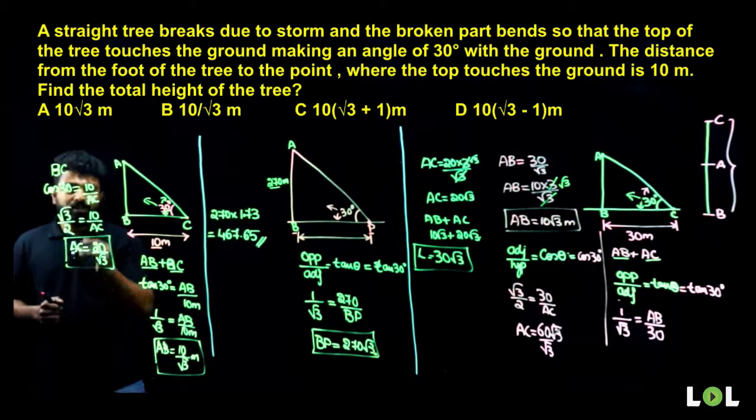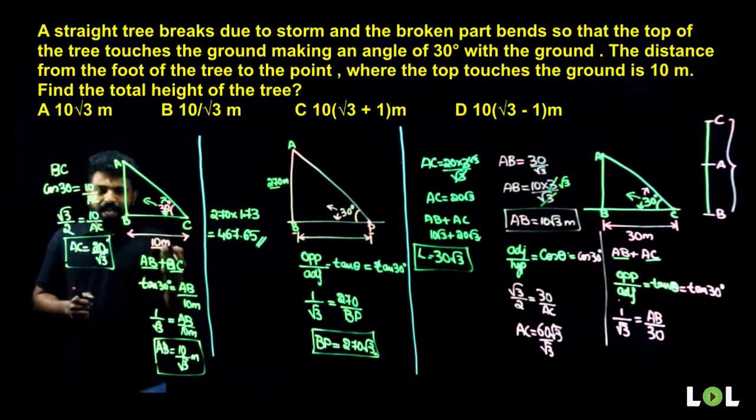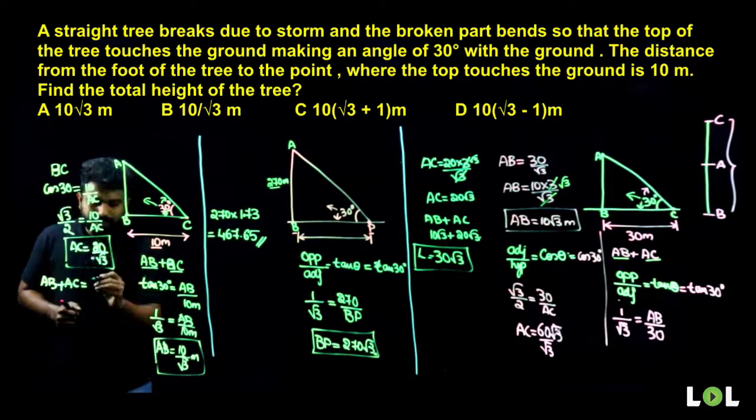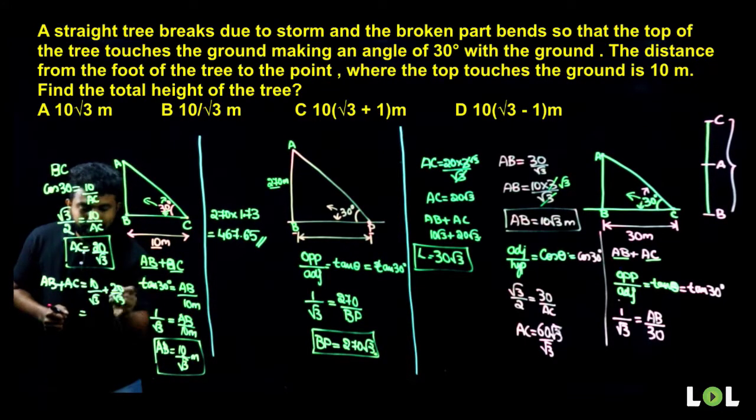Now what is the total length of the tree? AB plus AC. AB is 10 by root 3, so AB plus AC is equal to 10 by root 3 plus 20 by root 3, that is equal to 30 by root 3. So do we have this in our options?